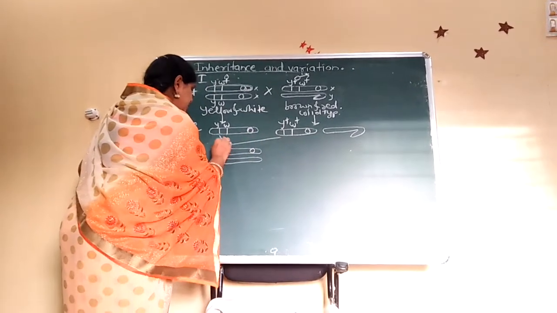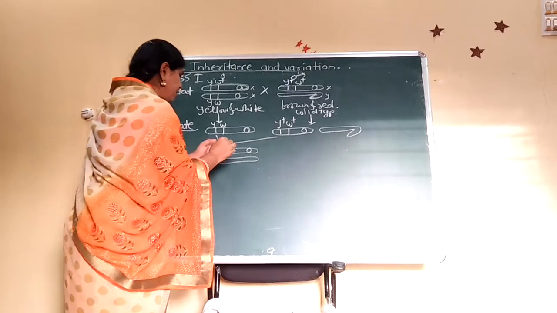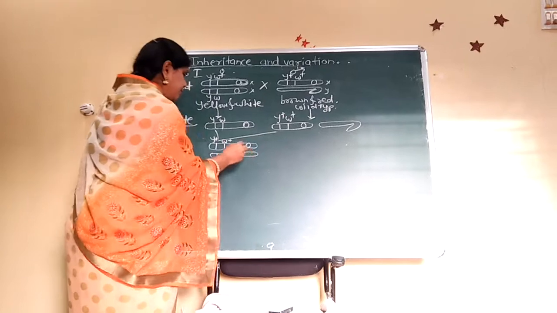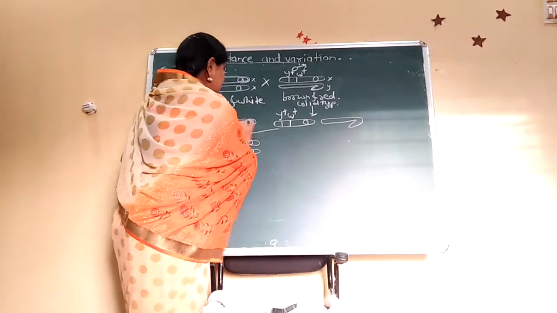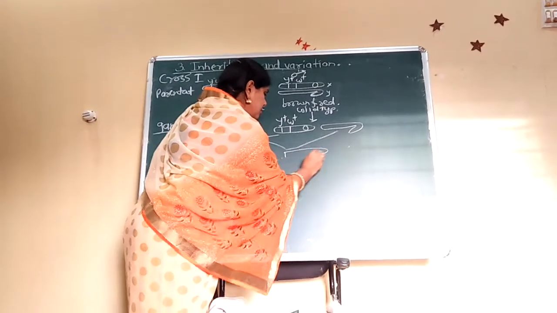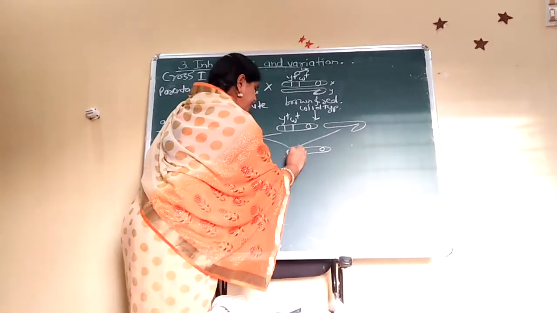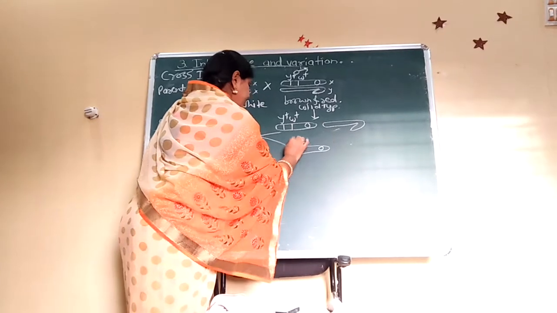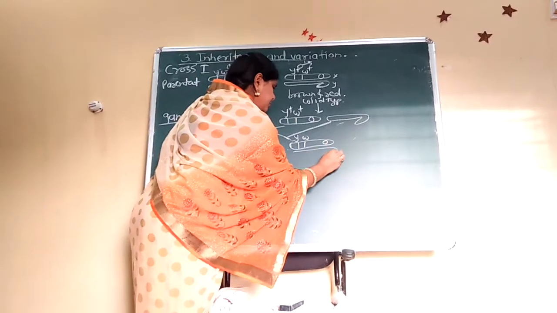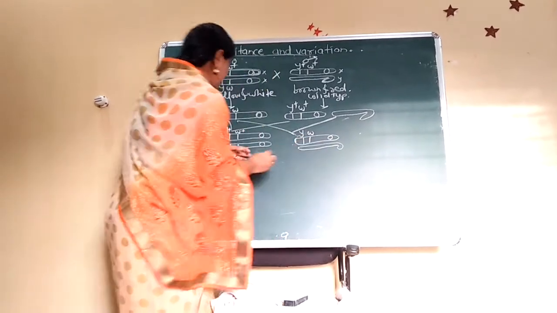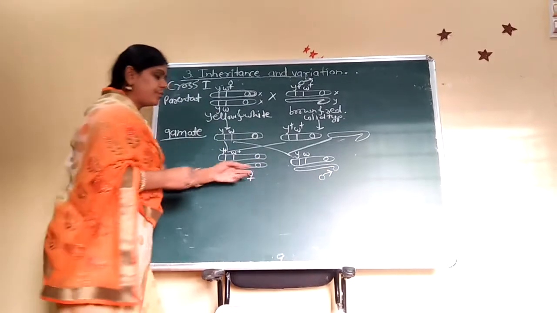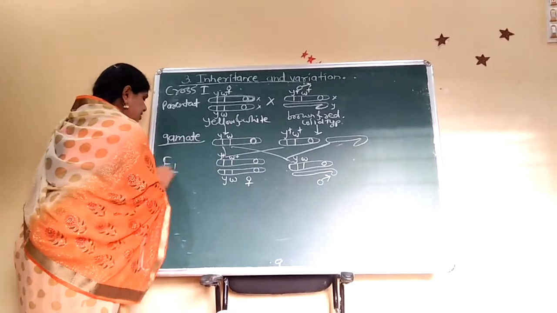Because of dominance, we also write y plus w plus and y w, and this fuses with this. This is the female and this is the male. This is the F1 generation.